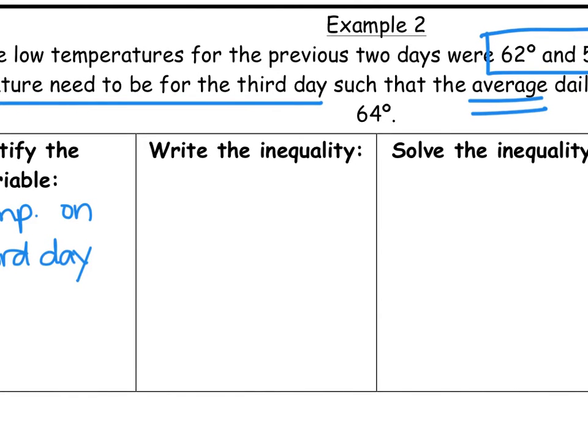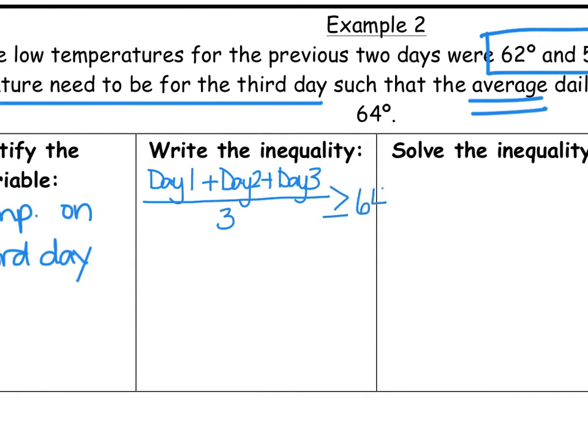So I'm just going to write this out in words. If I add up the temp on day 1 plus the temp on day 2 plus the temp on day 3, I'm looking for an average of 3 days, so I'm going to divide by 3. That average can be at least, so greater than or equal to, 64 degrees.